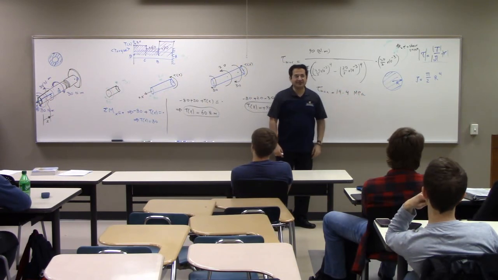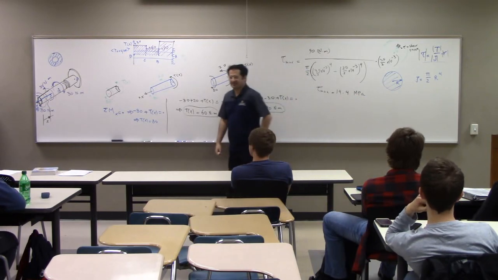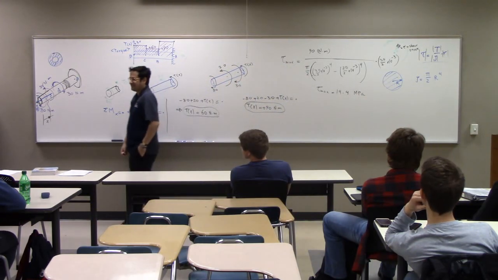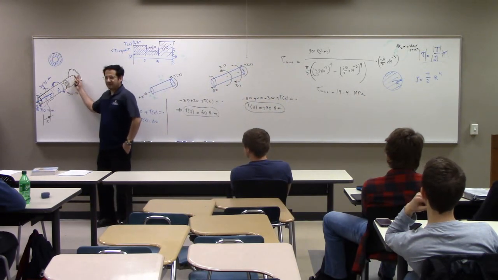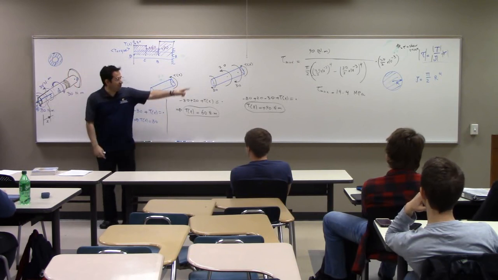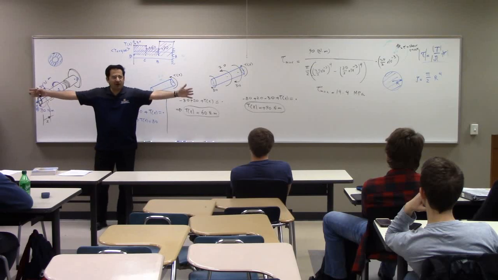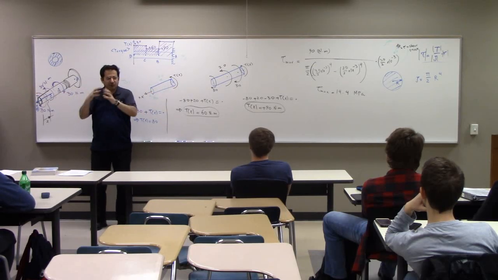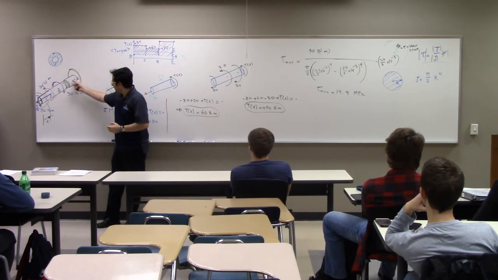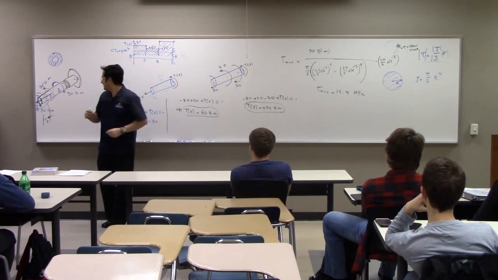Why is it higher? Because of the rapid area change here, stress concentration. So this value was based on the assumption that you have an infinitely long bar, where everything is uniform. But near the wall, you have a lot of jump in your stress because of the area change.